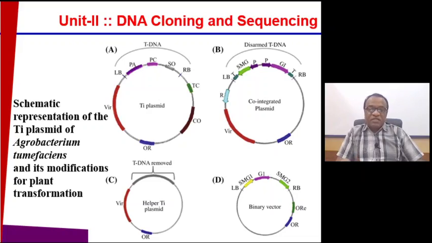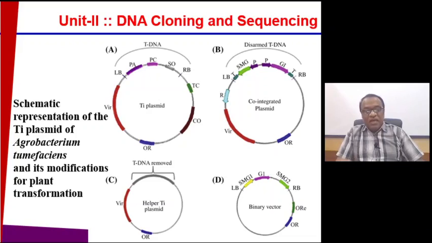One is represented in green color, the other in yellow color. So the binary vector has the gene of interest as well as the selection marker genes for both Agrobacterium tumefaciens and the plants.